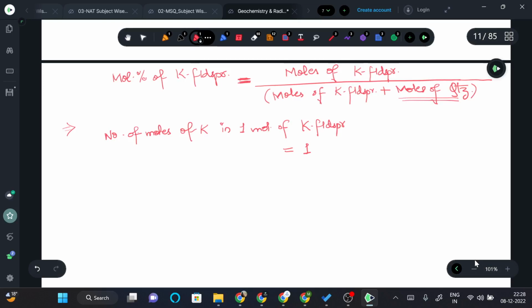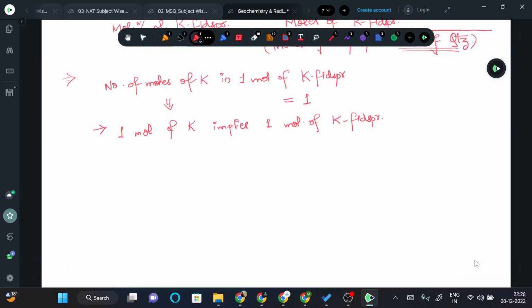Similarly, like if you must have studied unitary method, this implies that 1 mole of K implies 1 mole of K feldspar, right? So this is the simple meaning that we can draw from it.